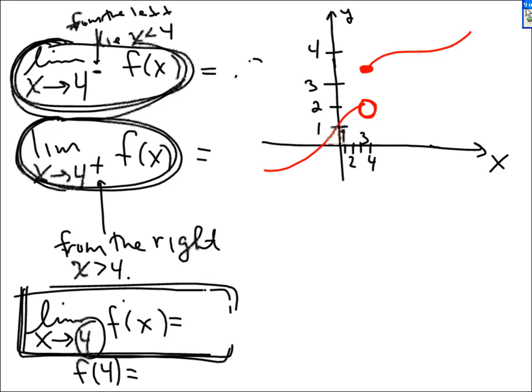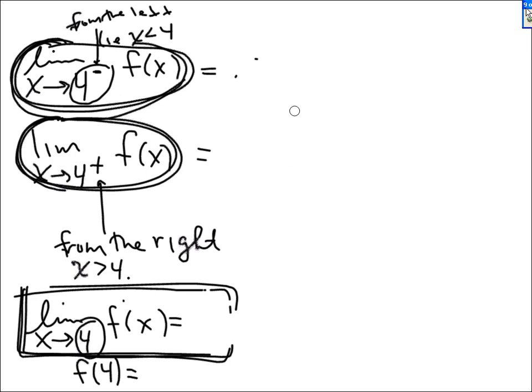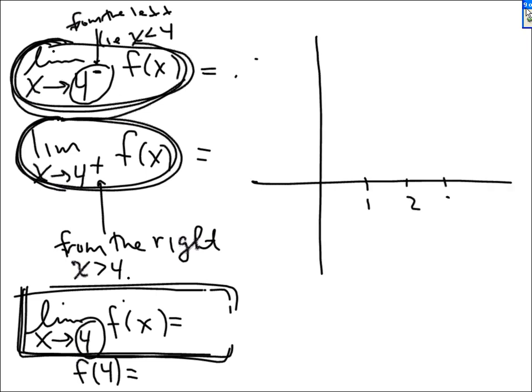The first limit is x goes to 4 from the left. That means we're a little bit less than 4. Let us draw it so we have some room to play around 4. One, 2, 3, 4, 5.